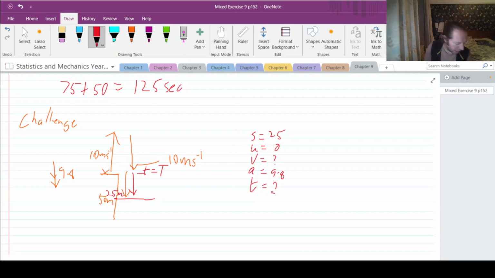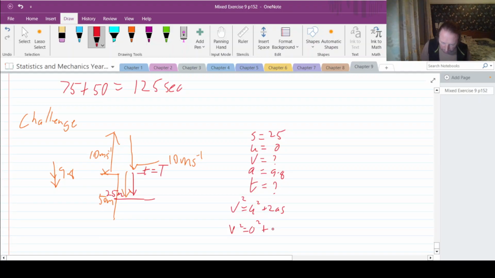So let's do the no t equation. v squared equals u squared plus 2as. I don't think I need the final velocity particularly, but anyway, v squared equals 0 squared plus 2 times 9.8 times 25.